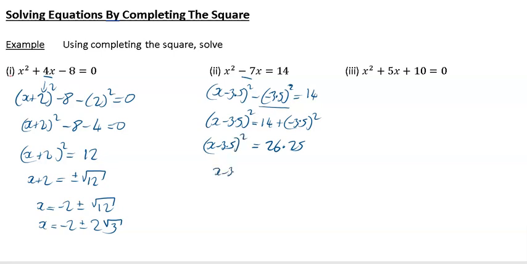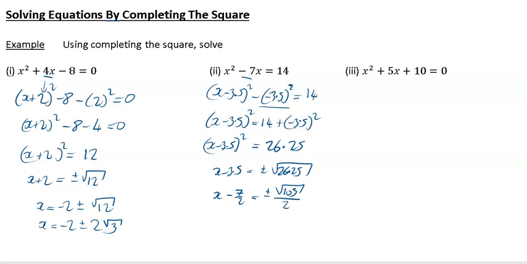So x minus 3.5 itself will be equal to plus or minus the square root of 26.25. And I've just put these things as fractions, just makes it a wee bit nicer. So instead of minus 3.5, I've written that as minus 7 over 2. And if you do that on your calculator, you'll get plus or minus the square root of 105 all over 2.